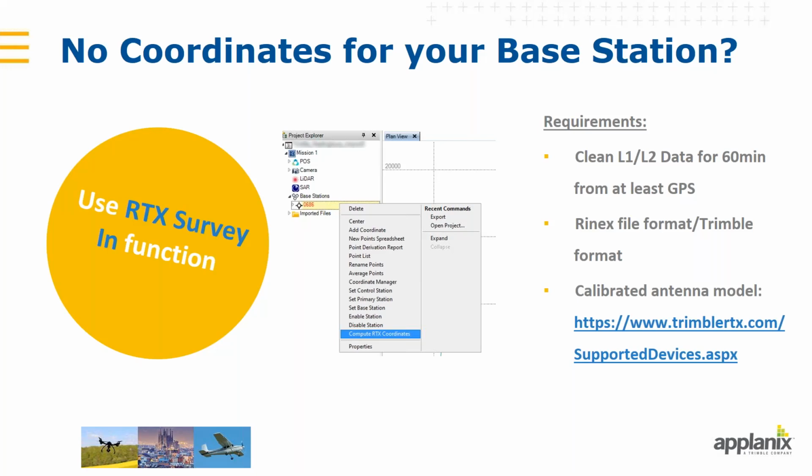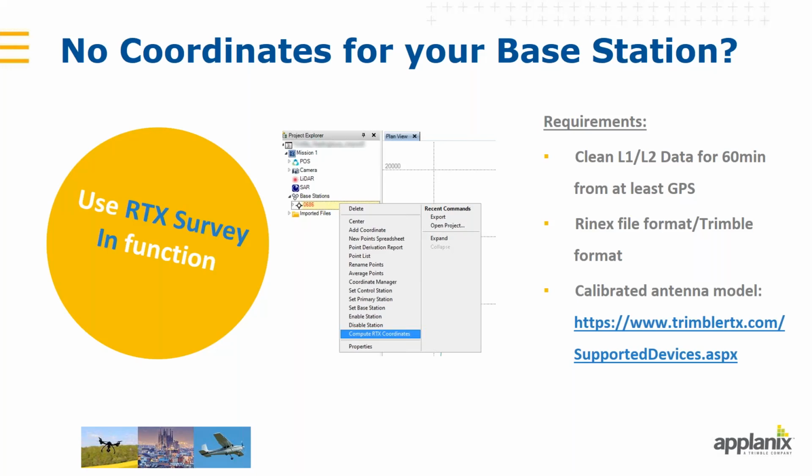So that means even if you don't trust some of the base stations that you can source somewhere from different suppliers or free services, you can always check and control the coordinates of the base station. The minimum requirements are that you have clean L1 and L2 data, so the phase measurements L1 and L2 from GPS, for about 60 minutes.